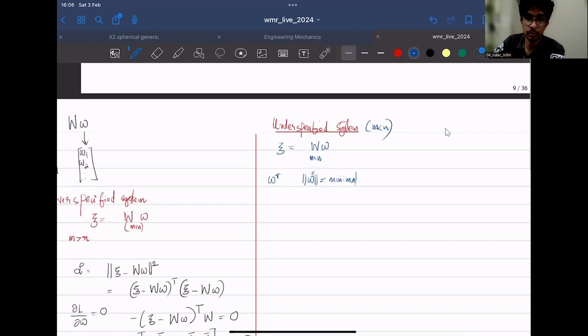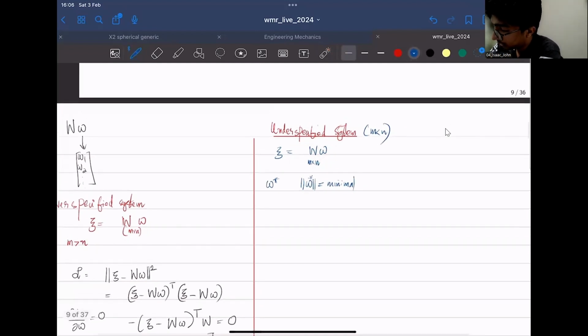So how do we formulate this problem? We want to find the solution of this problem such that the norm of omega would be minimal. Here also you will have to formulate an objective function. The objective function L would be omega transpose omega. That is nothing but the minimal norm, but squared.